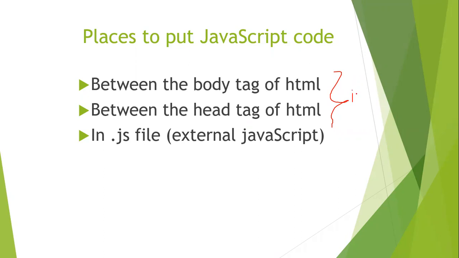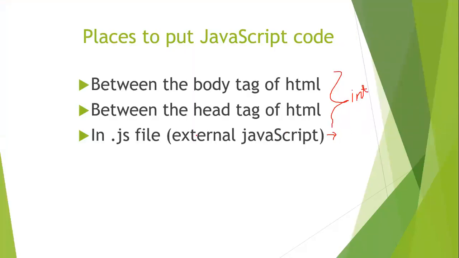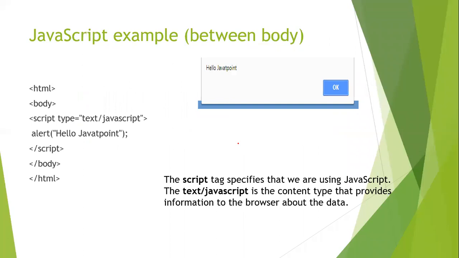This is for internal placement. We can place the JavaScript code within the HTML file itself. And this third thing is nothing but the way to add the JavaScript file as an external file. Now we will see these things in detail.